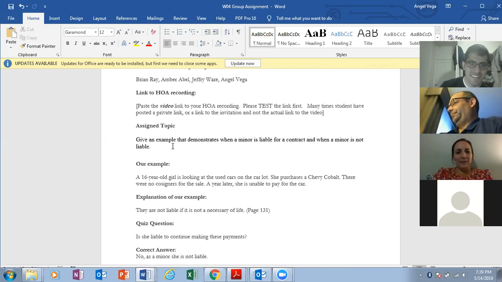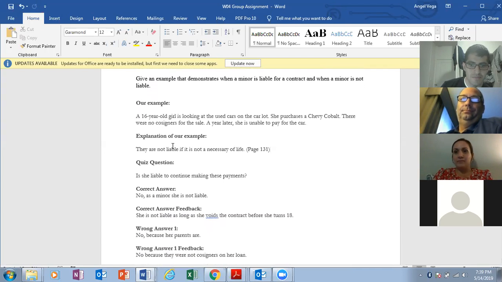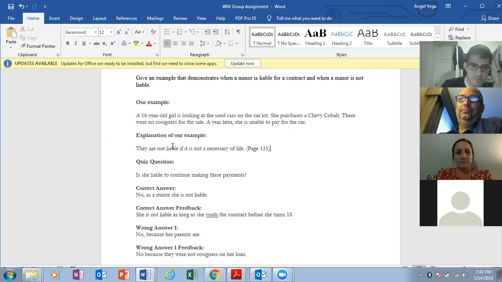Not liable. So it should say, maybe in parentheses, a minor is or minors are not liable. No, leave "they" because you're quoting it. But I just put in parentheses "minors." That's what President Monson always did when he spoke and quoted stuff.